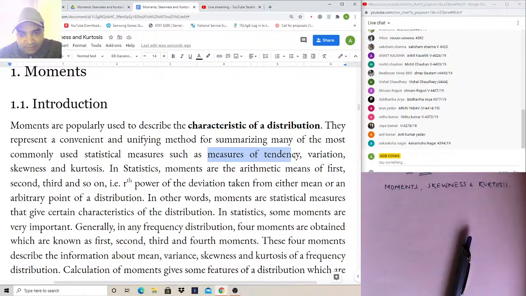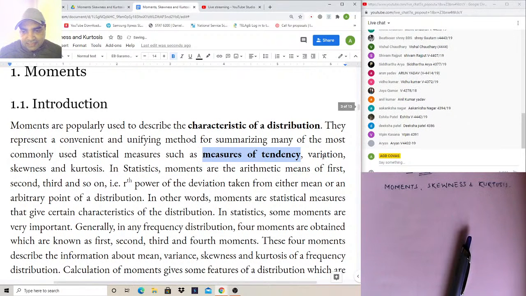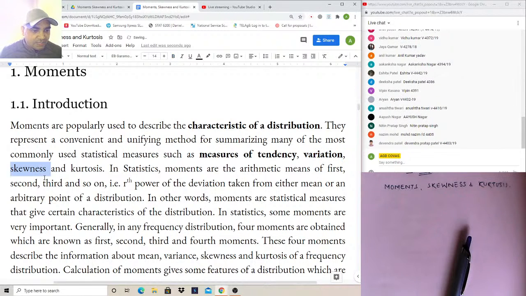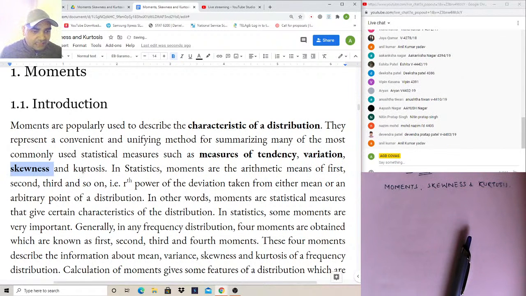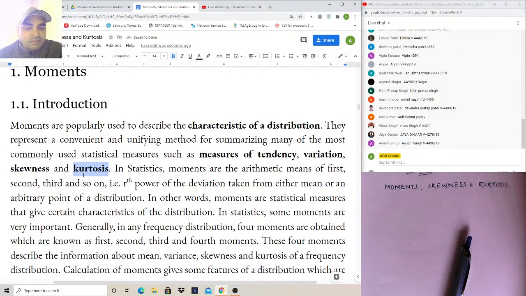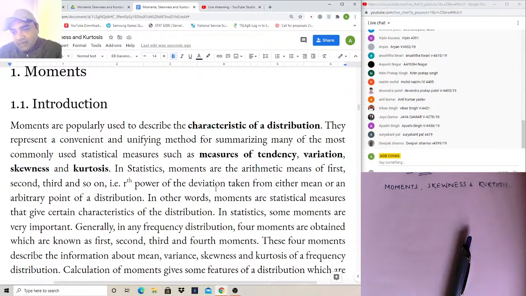If you know how to find these moments, you will be able to find the measure of tendency, then variation, then skewness, and then kurtosis. So one thing, answer to all. These moments can give you the values of measures of tendency in the data, variation, skewness, and kurtosis.